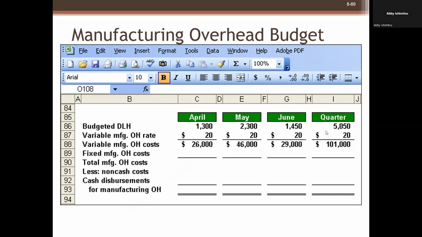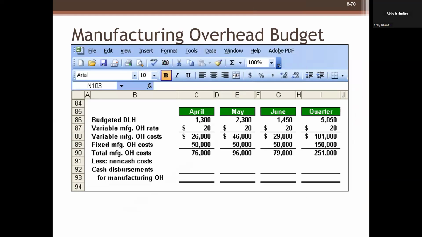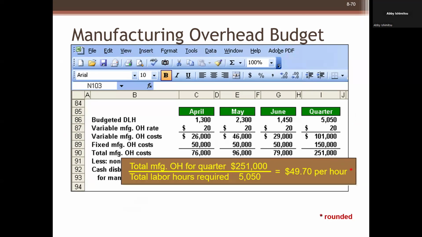Now I'm going to throw in my fixed costs here. 50,000 fixed manufacturing overhead. And I'm going to get total manufacturing overhead costs here, 251,000. Okay. So now for the quarter, I mean, this would be done annually, but for the quarter, we're just going to show it. Our estimated manufacturing overhead is $251,000.